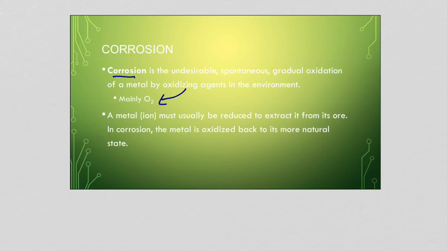So to get a metal from its ore, we're doing something like aluminum 3 plus plus 3 electrons goes to aluminum metal. So we're reducing that aluminum ion to get to its metal. Depending on how hard this is to do, it might be fairly easy to imagine this metal undergoing the reverse reaction spontaneously to produce the metal ions back.